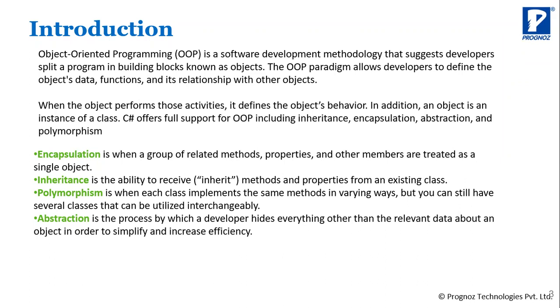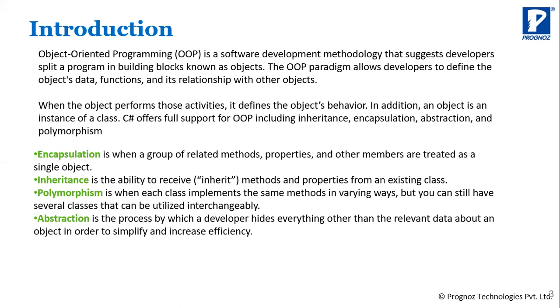These are data, and we need to create functions, for registration and salary calculations. These are the functions, and there is a relationship. For example, we have two entities, an employee entity and a department entity. How can we make the relationship between the employee and the department? Through objects we can make the relationship, from one object to another object. When the object performs those activities, it defines the object behavior, how it will make its functionality.